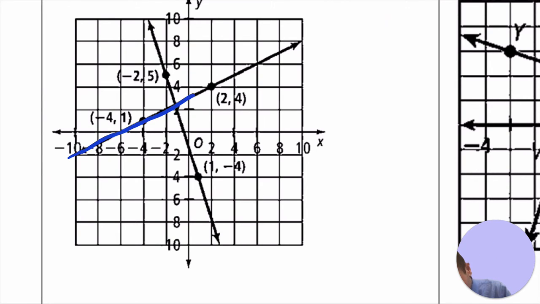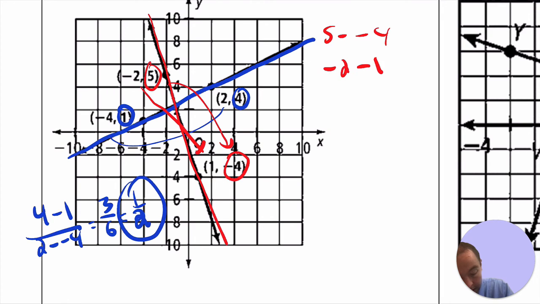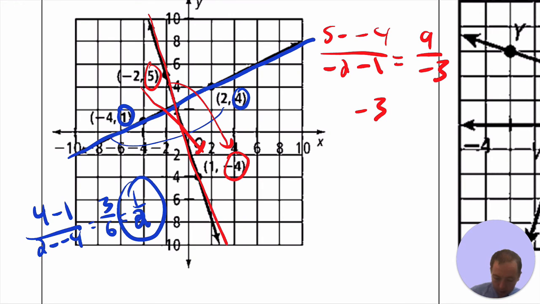So for this line right here, if we find the slope, let's do 4 minus 1 to get the change in the y's, and then 2 minus -4 to give you the change in the x's. So you end up getting 3/6, which is a positive 1/2 slope. And then for the other line right here, if we find the change in the y's, let's do 5 minus -4, and then -2 minus 1, you end up getting 9 over -3 right there, which would end up giving you -3.